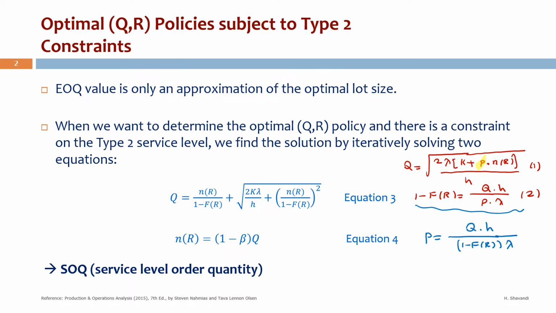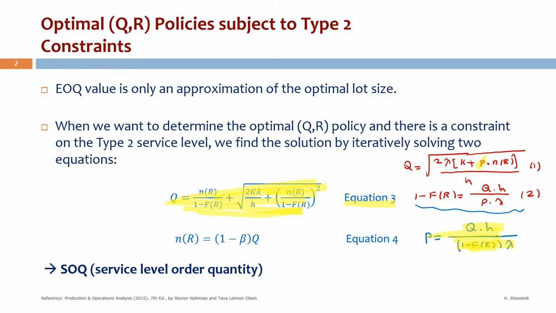By replacing it, we are eliminating P. Then we will have a quadratic equation, and by solving that quadratic equation for a positive root, we can obtain this equation here, which we call equation number 3, and that will obtain our optimal order quantity.